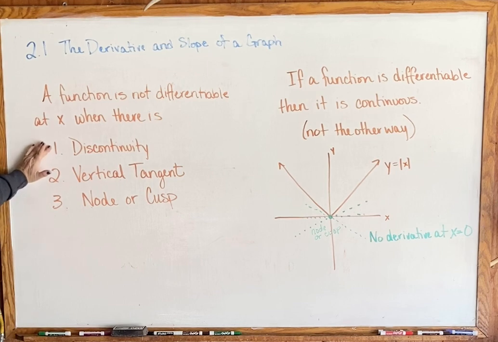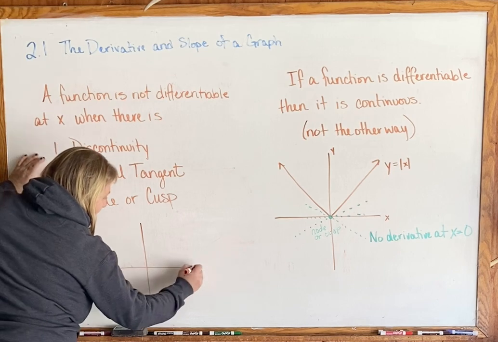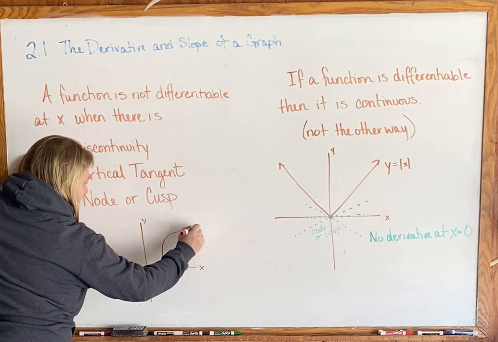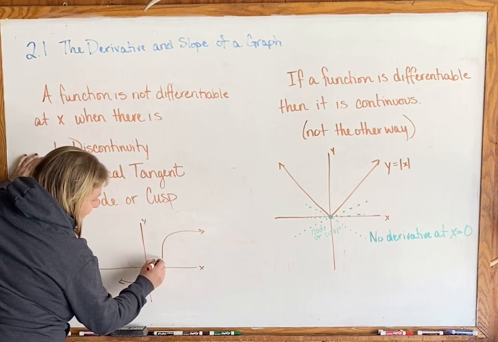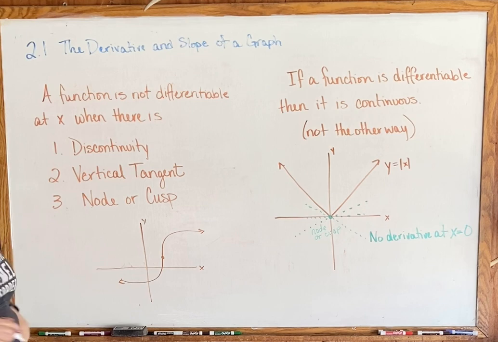So a discontinuity, okay, so if there's a hole in the graph or a jump in the graph, we cannot take the derivative. A vertical tangent. Now in this example, let's say we had a graph that looked like this. So the idea is right about here, okay, again, give my graph a little bit of leeway there.